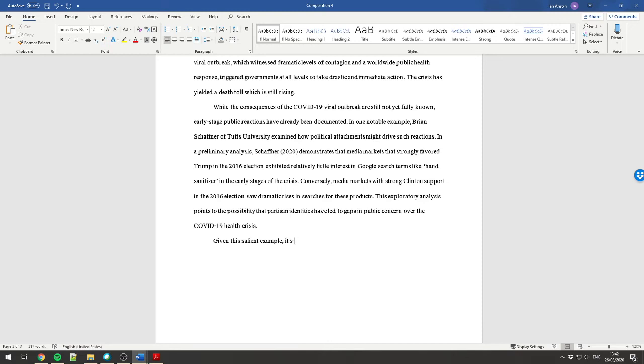Well, this salient example shows us that more research on partisan reactions to public health emergencies is currently needed.